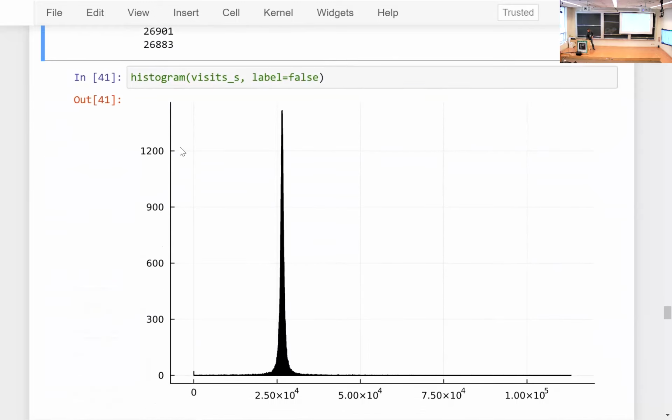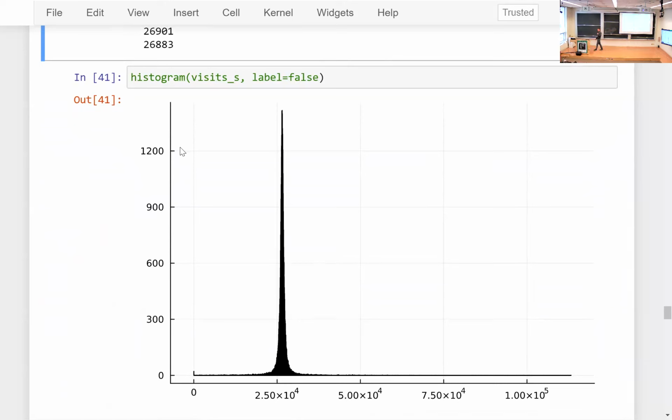I can do a histogram of the number of visits to a given node, and we see, okay, it is pretty well concentrated around the same value, but we have some nodes that are very rarely visited and some nodes that are much more frequently visited, as I would expect.